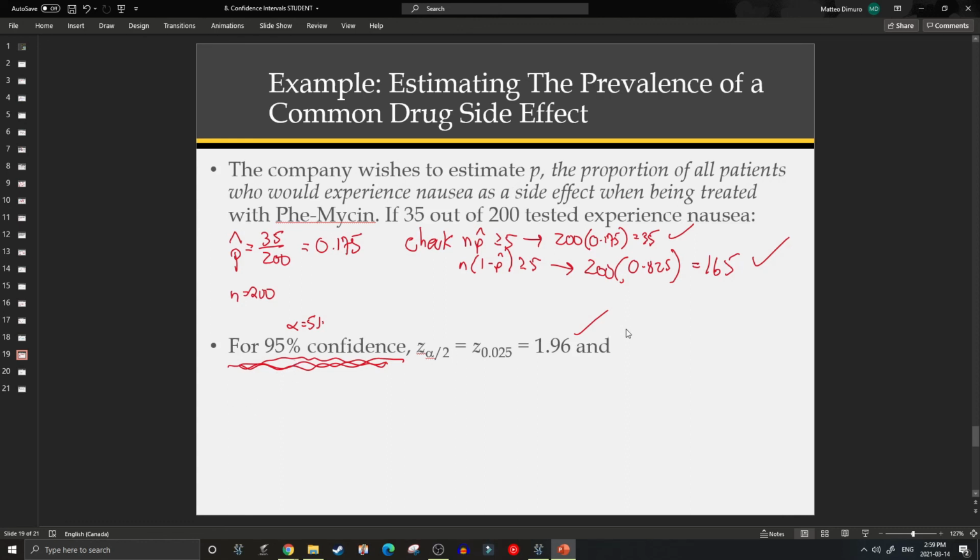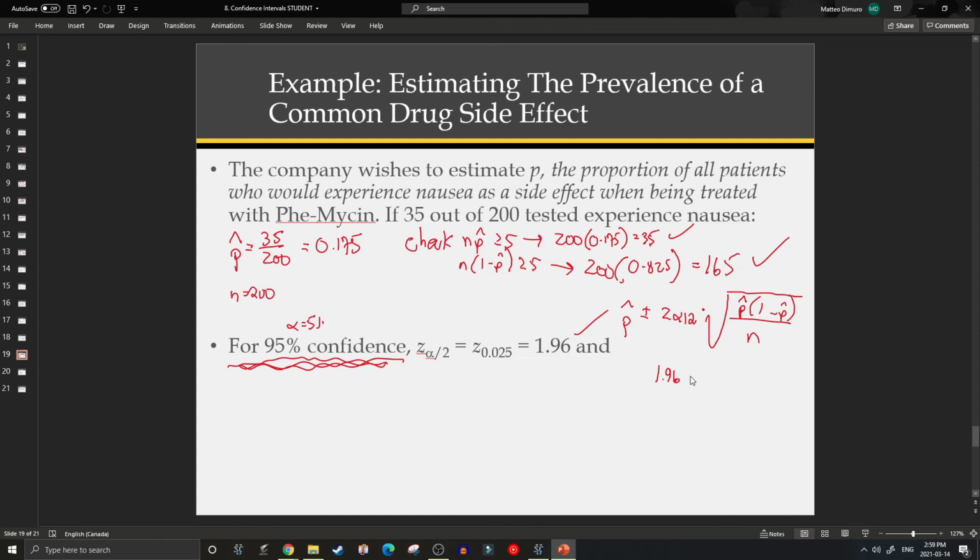Now we can do the 95% confidence interval using this formula here. So p-hat plus or minus Z alpha divided by 2 times the square root of p-hat times 1 minus p-hat divided by n. It would probably pay off to figure out what this whole number is.